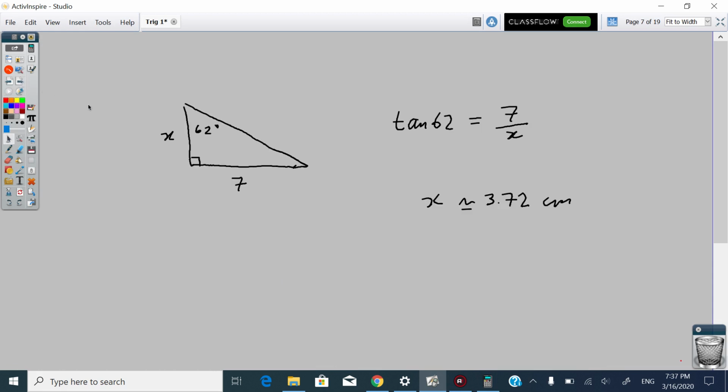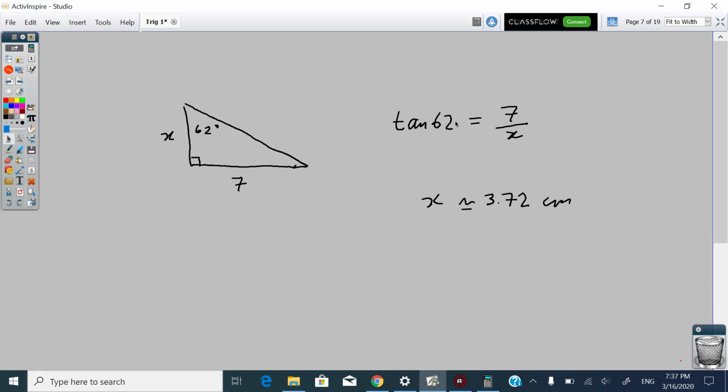Let's take another example. Let's say we have this right angle triangle, and that this angle is 62. This side is x, and this side is 7 units long, centimeters in this case, and this is the right angle. So, based on our knowledge of the ratio, as far as this 62 is concerned, this is the opposite, and the x is the adjacent.